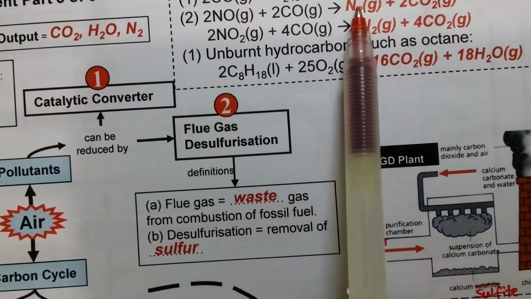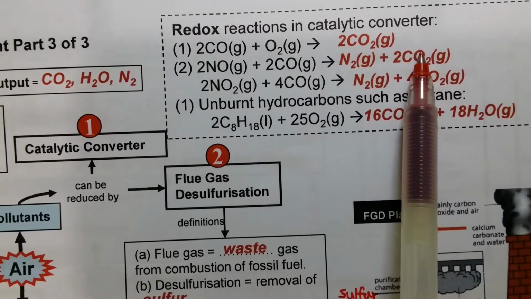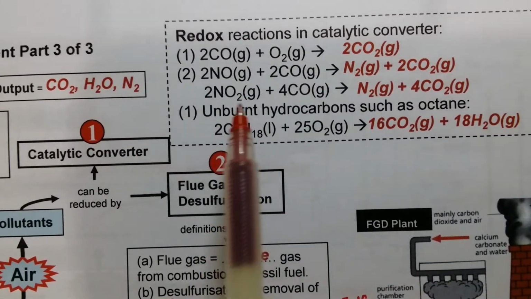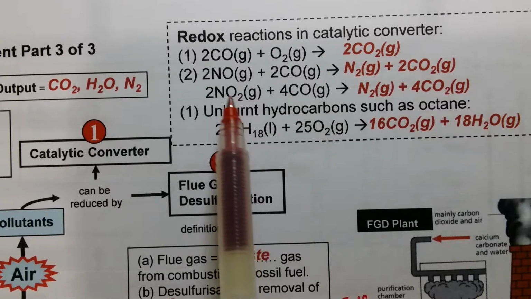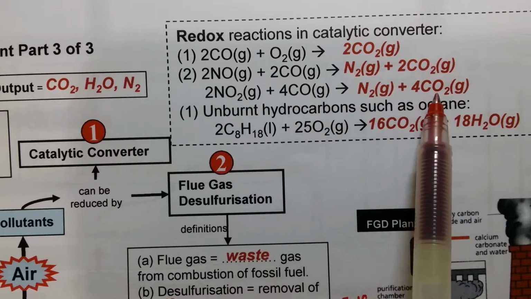So this to this is reduced, this to this is oxidized. So this is another redox reaction. And then let's look at nitrogen monoxide. This to this is reduction, this to this is oxidation.